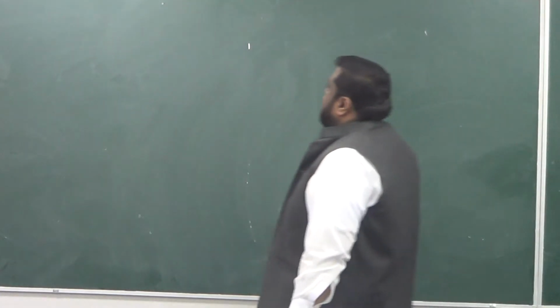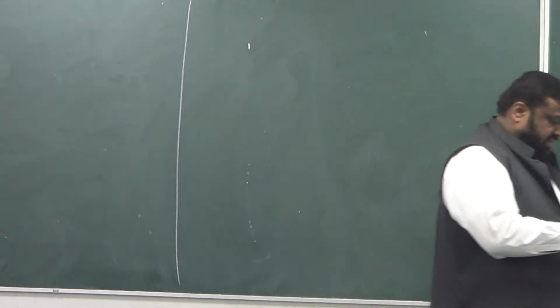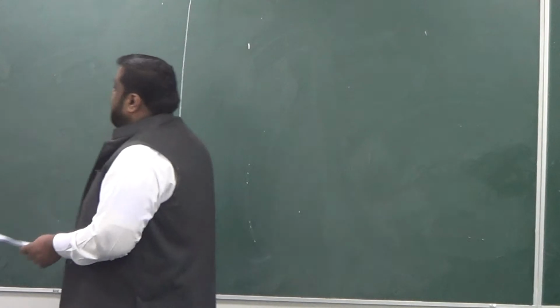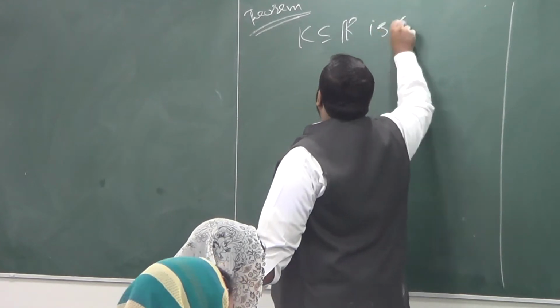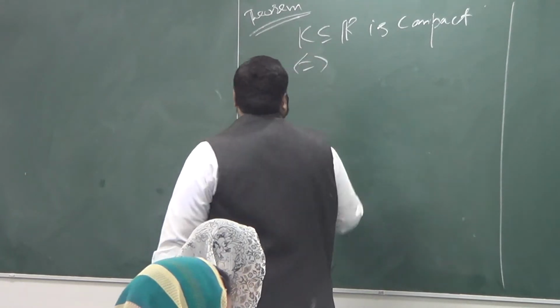So we will prove this Heine Borel theorem, we call it, in a series of lemmas. Put those lemmas in a proof, it will be better. Okay. So what was the theorem? Theorem was that K subset of R is compact. Okay, let's put all proof in a single basket.